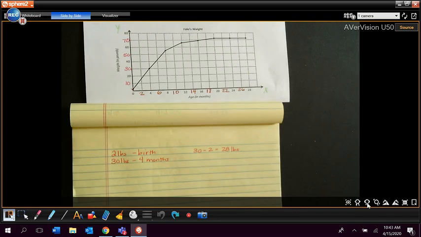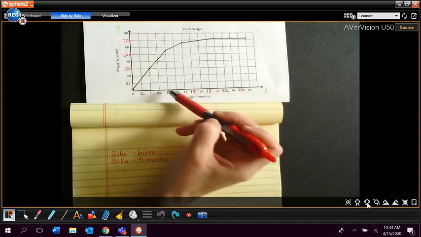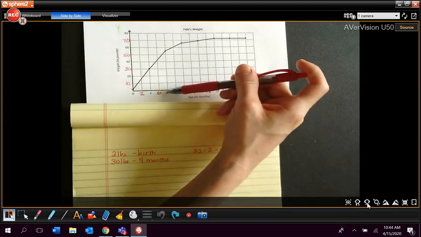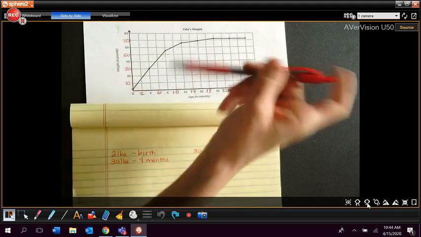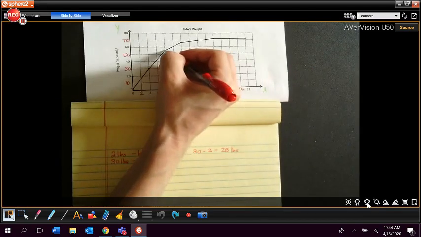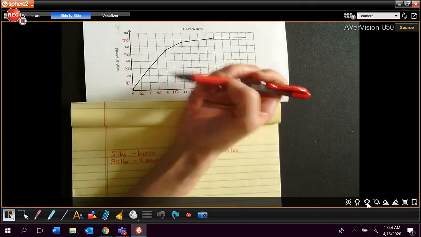Now I'm going to ask you another question. Think about this one. How much did Fido weigh at 8 months? This one is actually pretty simple. It's just a straightforward question. How much did Fido weigh at 8 months? So we look at our graph and we can see that at 8 months, if we go all the way up, we can see it's right in the middle between 50 and 60.